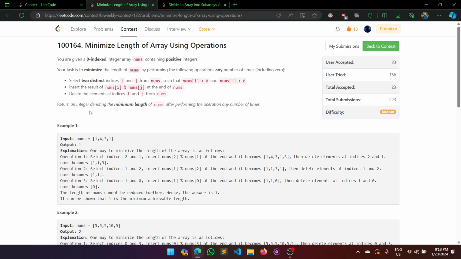Because if there already exists number 1, and if I start taking mod of every other element with 1, then I'm just going to be left with a lot of 1s.